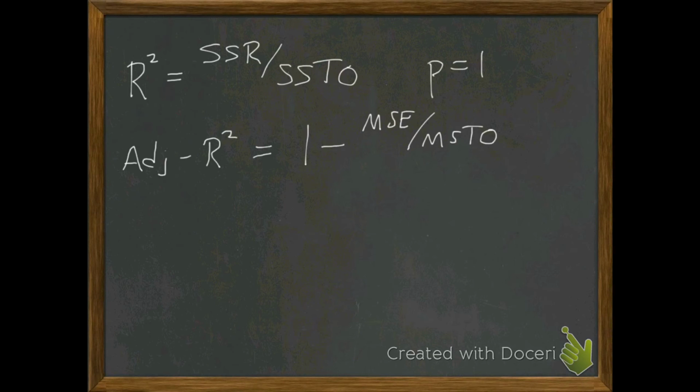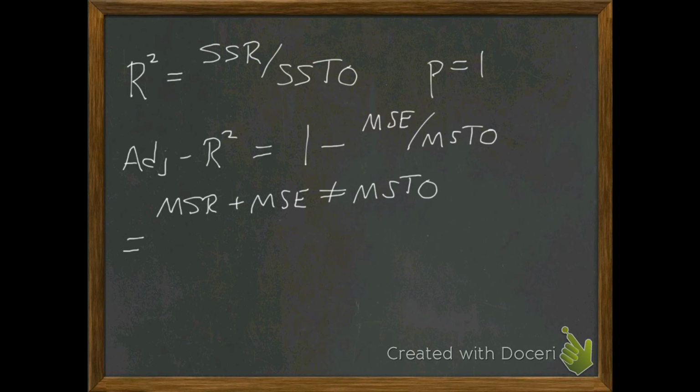And I hope it goes without saying, but maybe it doesn't. Remember, mean square error and mean square regression, mean square total is not additive. So we can't take our mean square error plus our mean square regression and get our mean square total. So I want to make a note of that. Mean square regression plus mean square error is not going to be equal to the mean square total as in the sum of squares.